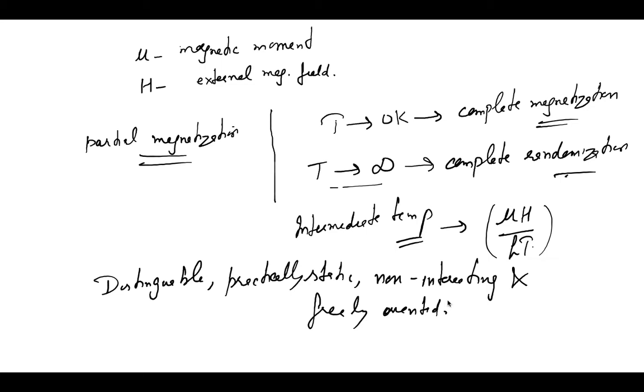is the potential energy of these dipoles, which arises due to the presence of the external magnetic field which we have applied. And second, it depends upon the orientation of these dipoles, that is the magnetic moment of the dipoles.